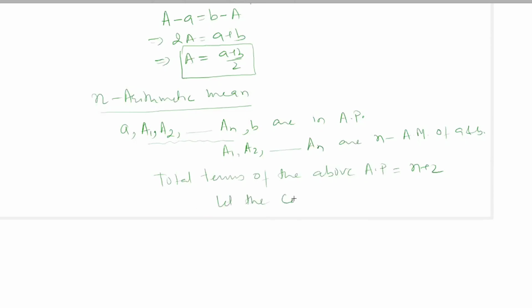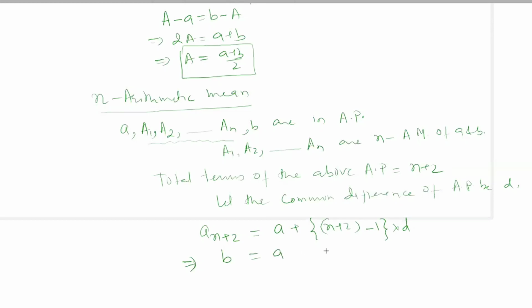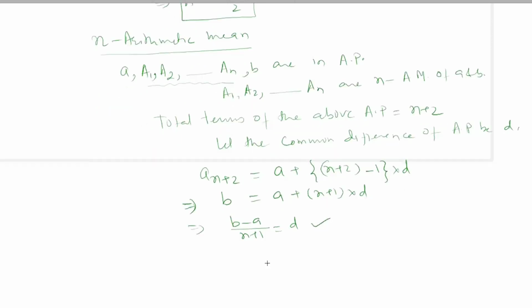Let the common difference of the AP be D. Then my (n plus 2)th term will be equal to A plus (n plus 2 minus 1) into D. My intention is to find D in terms of A and B. The (n plus 2)th term is actually B, because there are n terms in between, so B equals A plus (n plus 1) into D. So D equals (B minus A) divided by (n plus 1). Now I've got D in terms of B, A and n.